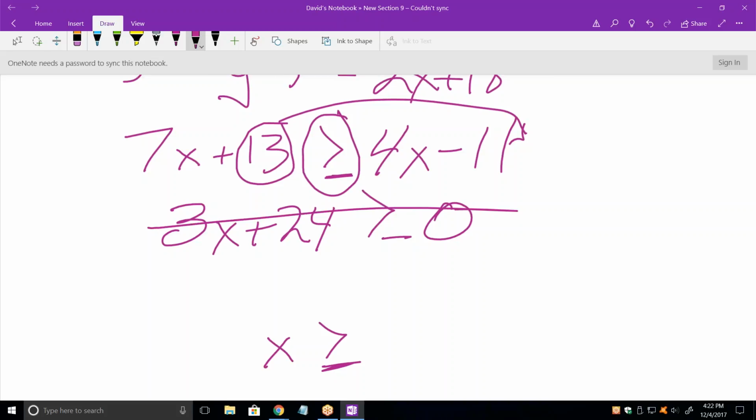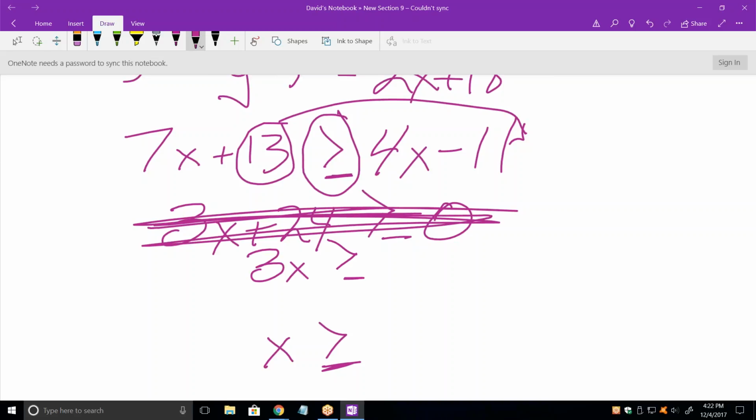So this line really shouldn't have been that. It should have been 3x is greater than or equal to minus 24, right? Yeah. And that saves us a step. That's what I get if I go that route, but then I got to do another step to get here. Now what's x greater than or equal to? -8.